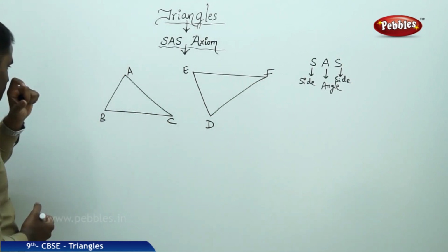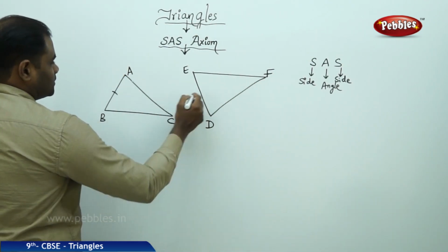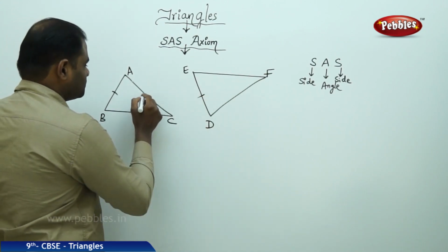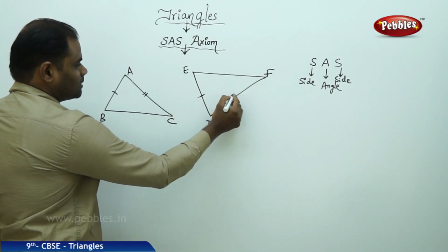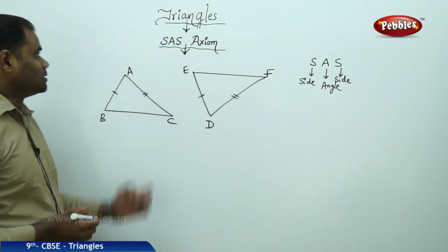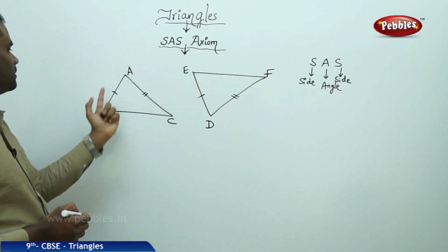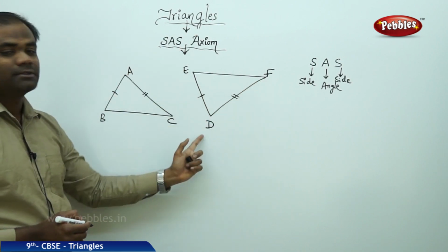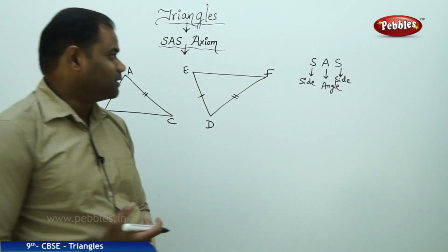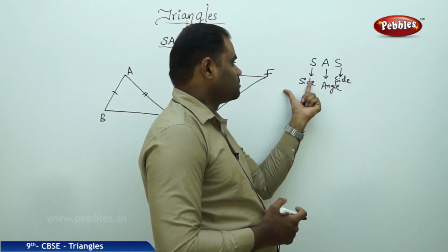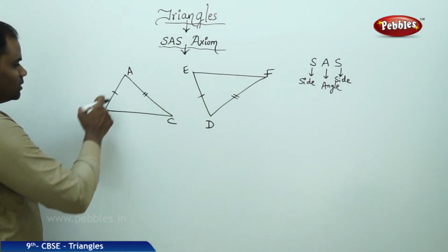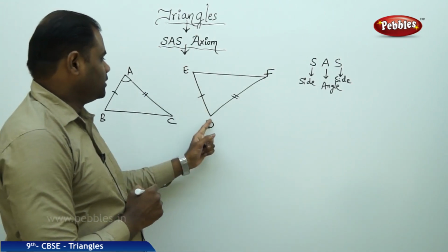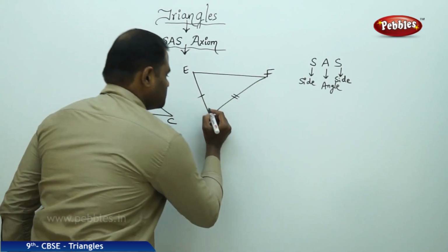Say for example, this side equals this side. My AB equals ED, and say for example, my side AC equals my side DF. This is how I take the two sides, one side being AB connected with ED and the other side being AC connected with DF. Now, as we have said, the angle is the angle chosen between two sides. For these two sides, this is the angle which is chosen, and its corresponding angle chosen between two sides must be this.